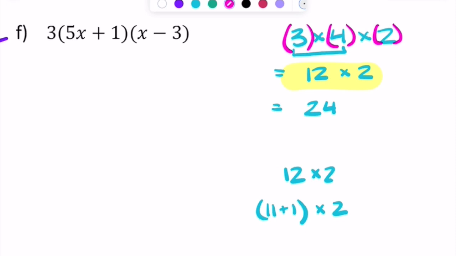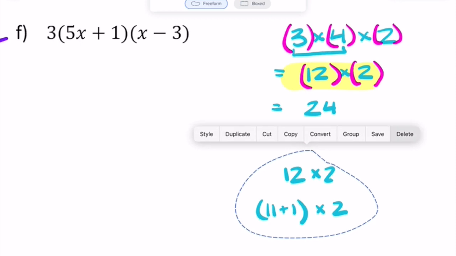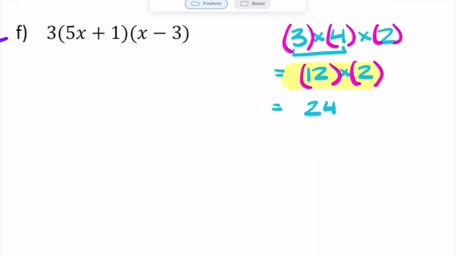Now, as long as there is more multiplication that needs to be done, we will continue our steps in brackets until there is no distribution left. That will ensure that we get all of the multiplication done correctly and we're not accidentally missing out any important chunks. So that's what we'll do.